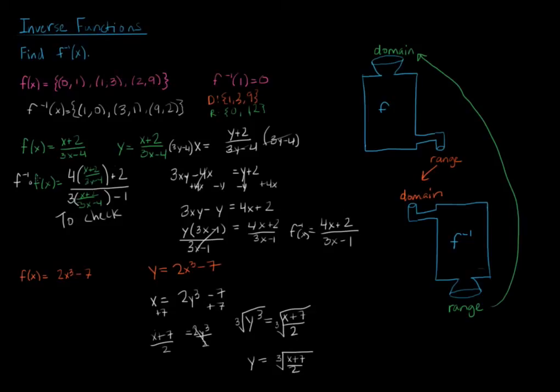Now, in our second example, this green example, the domain of the function itself is everything except x equals 4/3, right? Because where this equals 0. So the domain is everything except that.